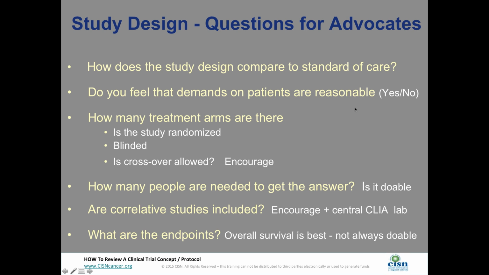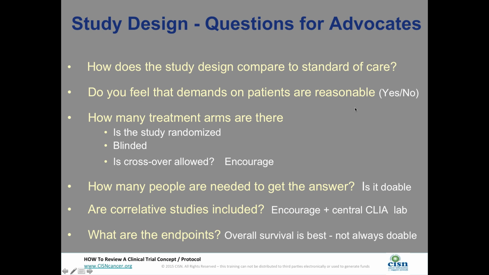It's also important to know if correlative studies are going to be included. And more often they will be. I mean, the whole precision medicine is based on correlative studies. So I think probably from here on in, they're going to be there. And that's all good. Make sure you ask if those studies are done in a central CLIA lab.